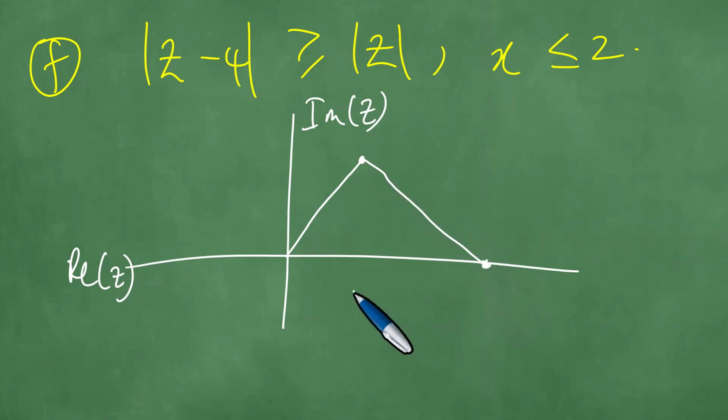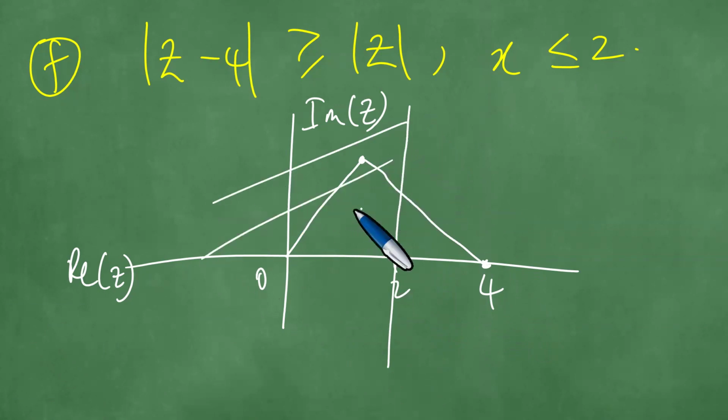So 0, 4. Midway is 2. Because it's less than or equal to 2, you're going to have a solid line like this.